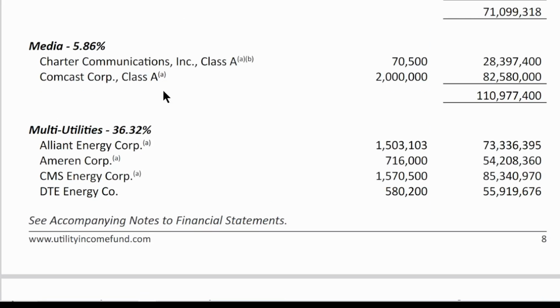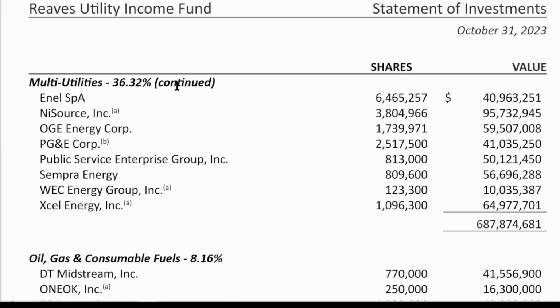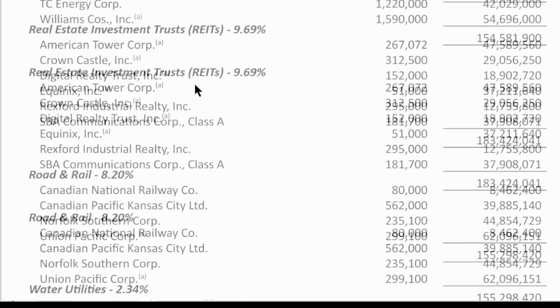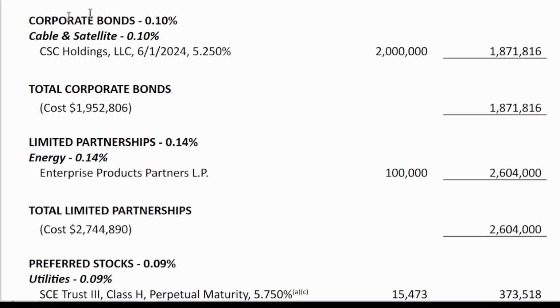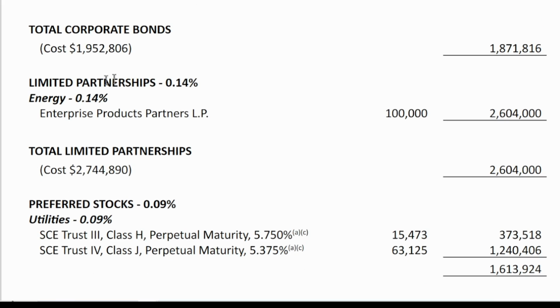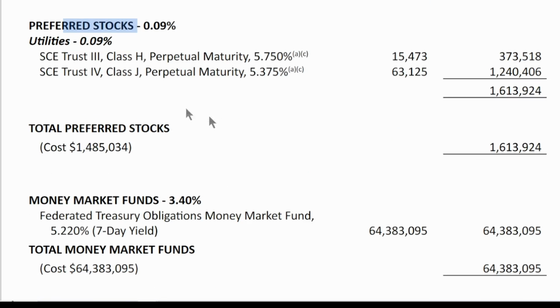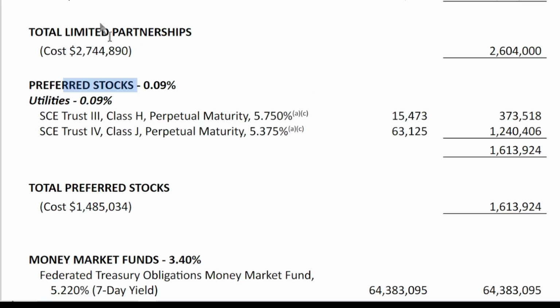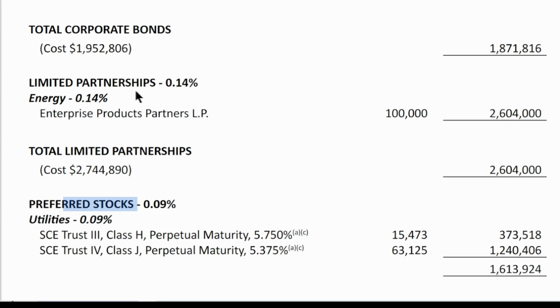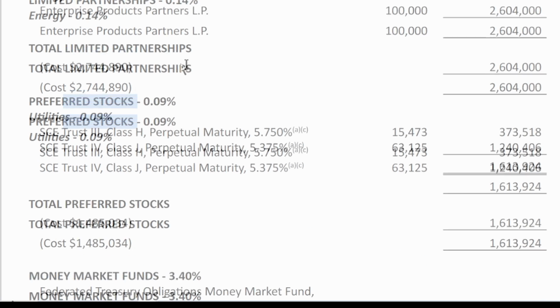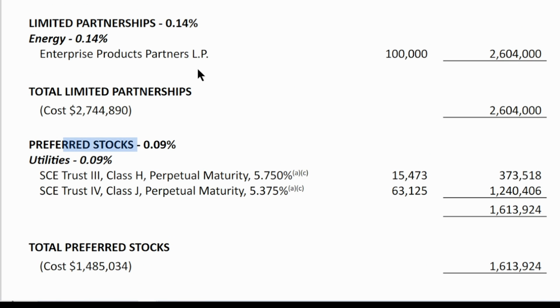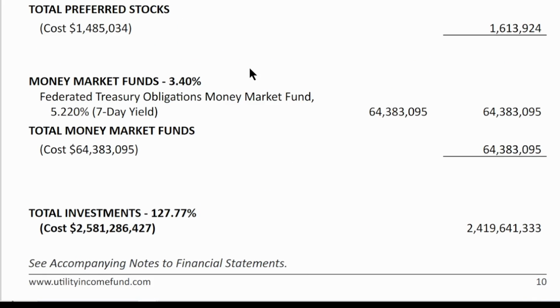And like I said, it's very similar to what might be in XLU. Where it differs is down here: corporate bonds, limited partnerships, preferred stocks, things like that. These are a lot harder to get in and out of, so that's why they are better in a CEF type vehicle than an ETF.